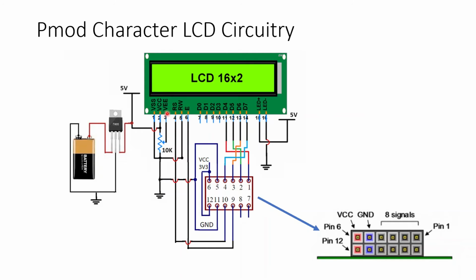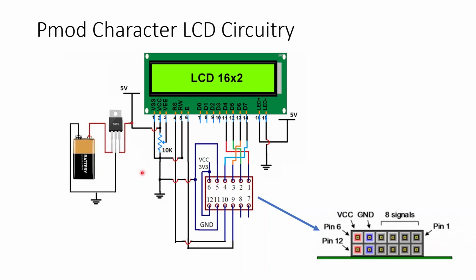When VCC itself is 3.3 volt and ground is at 0 volt, it's not possible to keep VEE 4.5 volt lesser than VCC. Therefore we are using an external power supply to supply 5 volts to the LCD, and the ground is common to this power supply, the PMOD and the LCD.